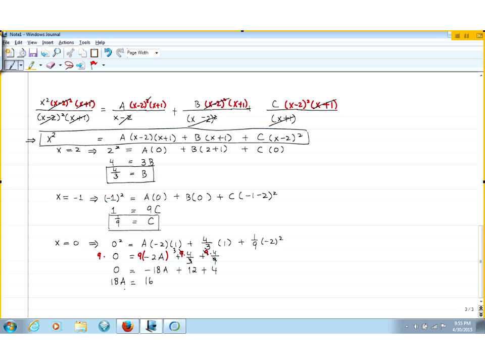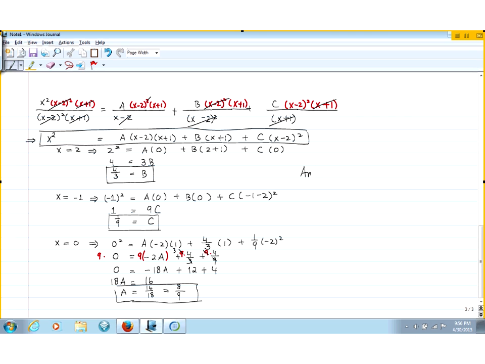So 18A is equal to 16. Divide both sides by 18, A is 16 over 18. We have to reduce this. They're both divisible by 2. 16 divided by 2 is 8, 18 divided by 2 is 9. So A is 8 over 9.